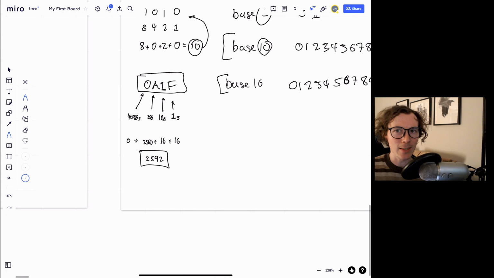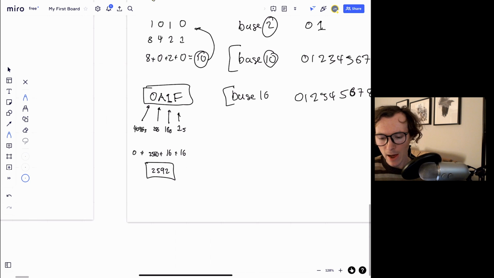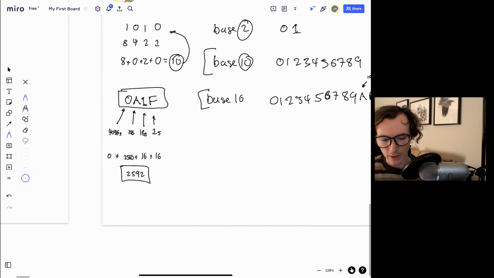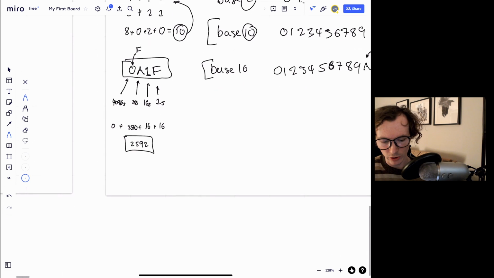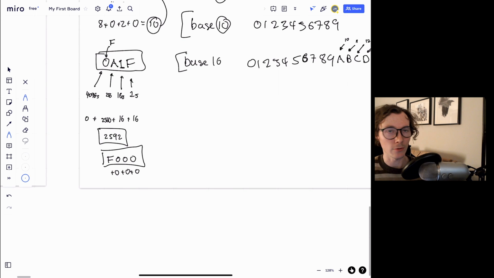Now, in this case, we have 4 digits in decimal and we have 4 digits in hex. But you can imagine if you put an F here, right? If we do another number and we just do F000, that means that there are 0 1s plus 0 16s plus 0 256s, but there are 15 4,096s.